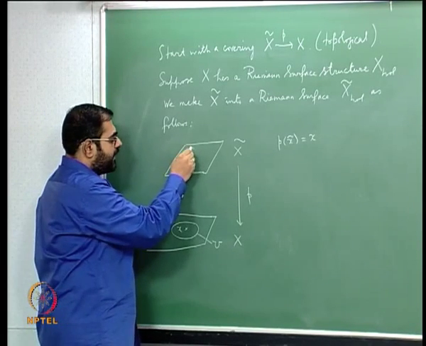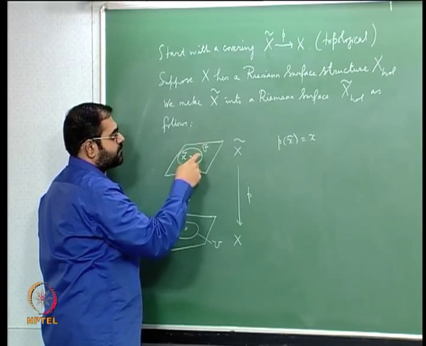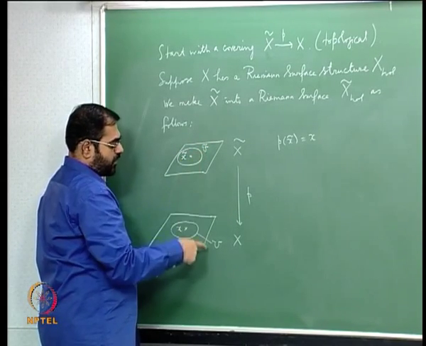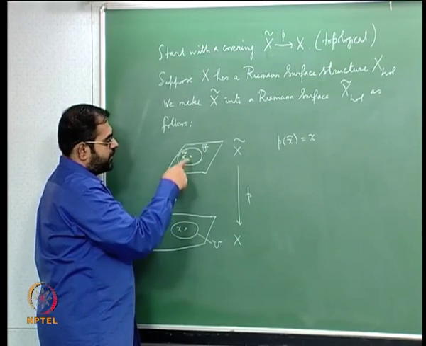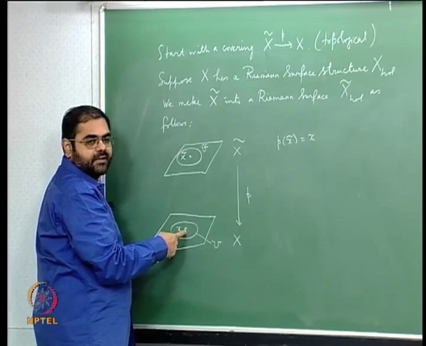So what I will get is a U tilde, which is one of these copies. For this I need not even have taken an admissible neighbourhood below.